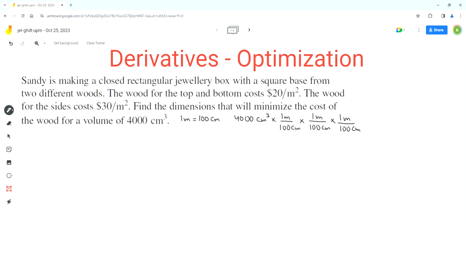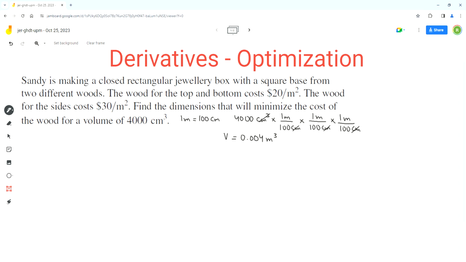There's a very important concept we need to understand and memorize: if the units are not the same, then we'll get a wrong answer. So if we evaluate this expression, we get 0.004 meter cube. This is the volume of this jewelry box in meter cube.